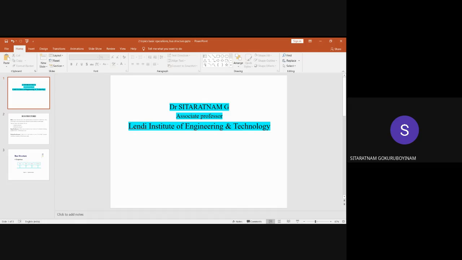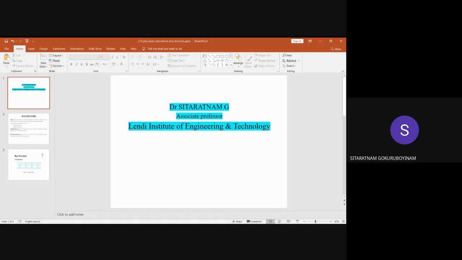In the last class, we discussed the functional blocks of any basic computer.